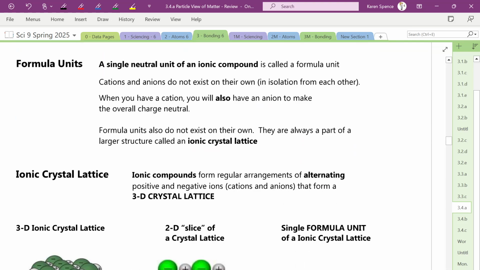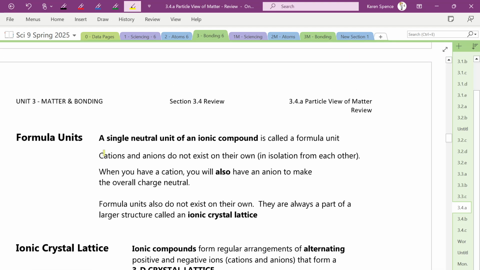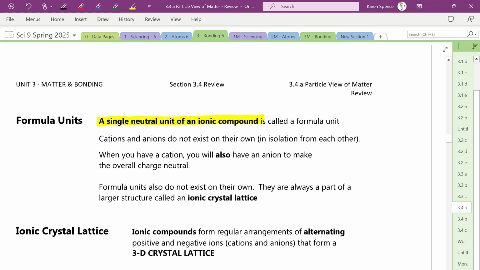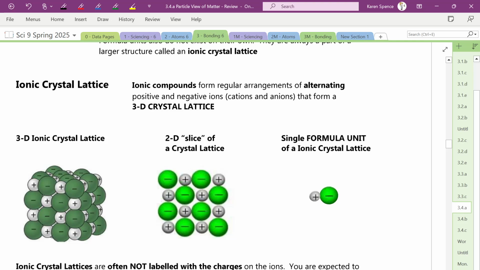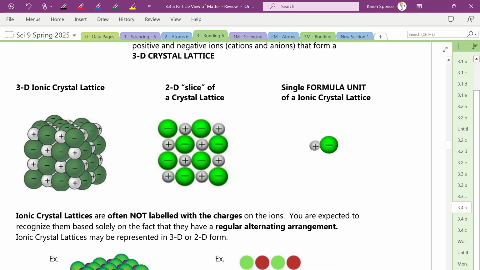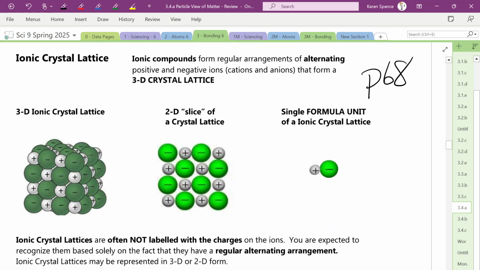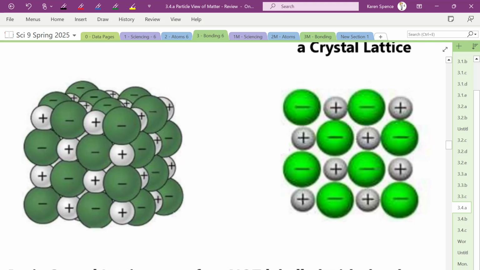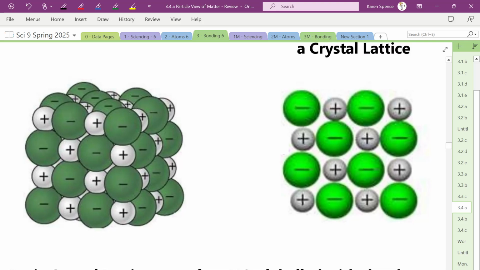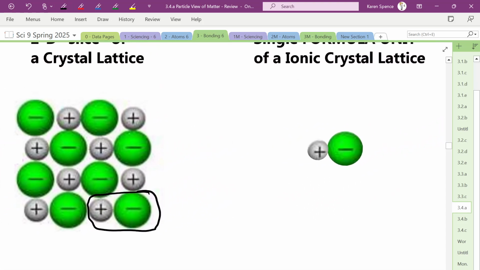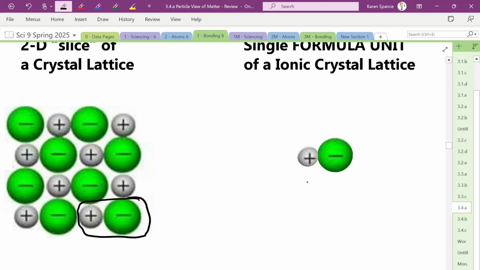Formula units. It is a single neutral unit of an ionic compound. Usually we have our ionic crystal lattice. So this is now on page 68. Alternating positive and negative. We go from having the 3D structure to having a single slice to taking a single unit, and that is a formula unit.